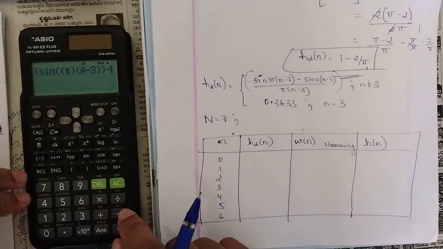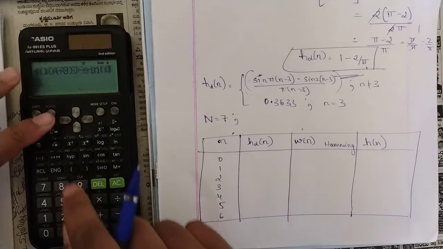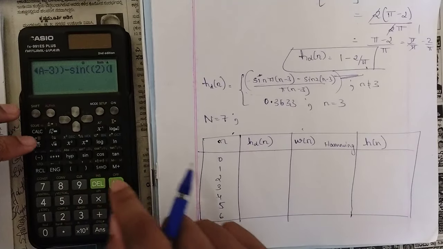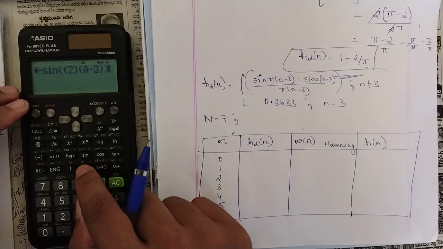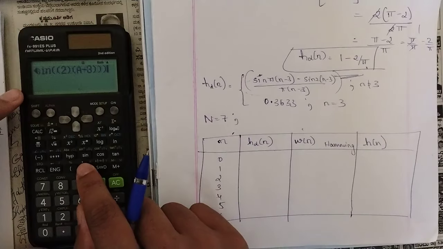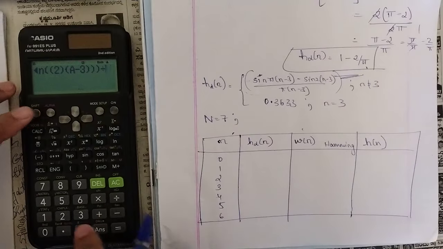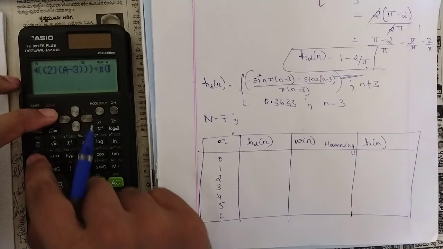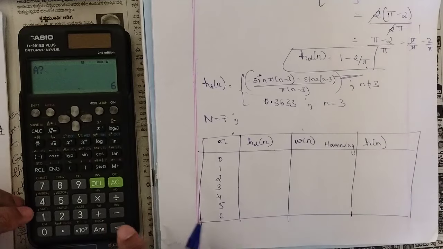Minus. Now you write this term, that is sine of, again open the bracket, 2 into n minus 3, close the bracket twice, and close the final bracket which you opened at the first, right? That you close. Now the whole divided by π into n minus 3. Now press the calculator and check all the values.